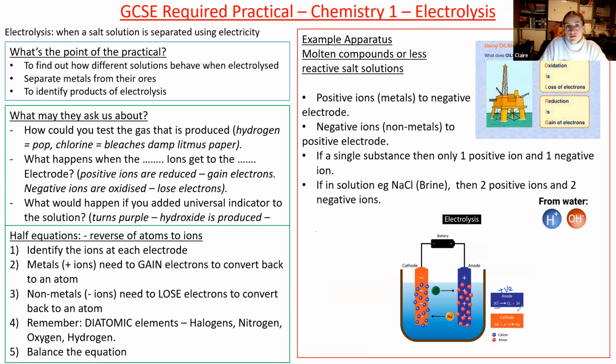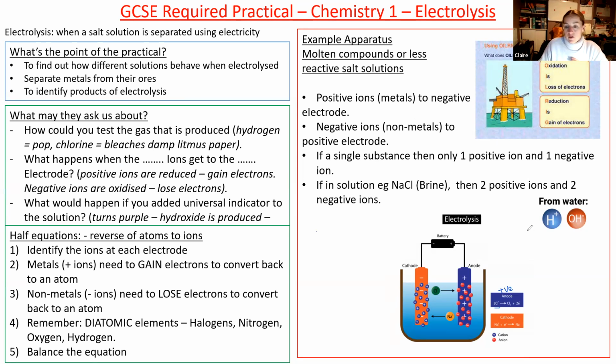You have to identify whether it is a diatomic. Does anybody not know what diatomic is and how to identify diatomic elements? I don't know if everyone's got a periodic table in front of them.